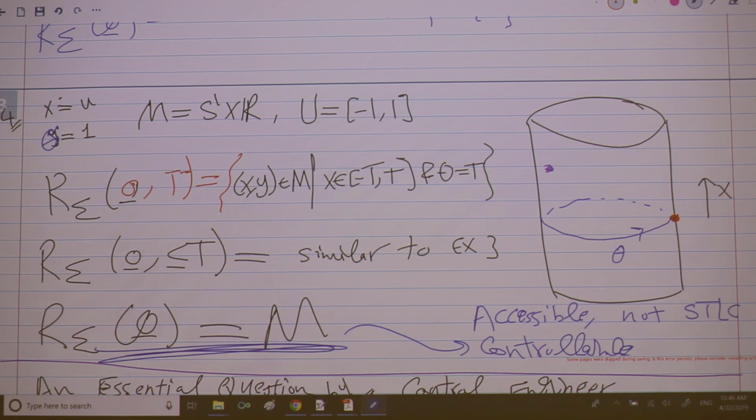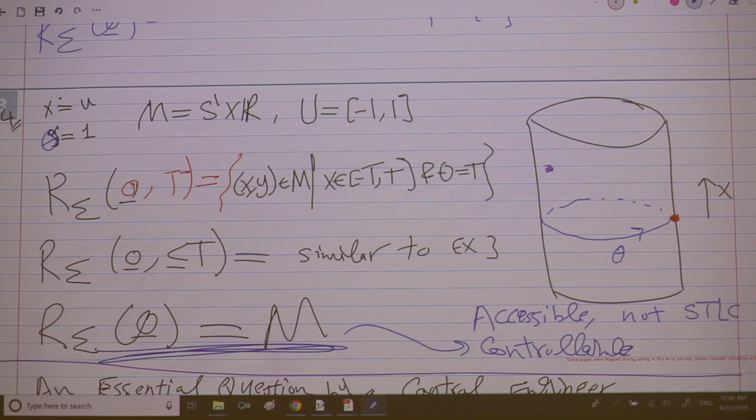Yes, Professor, but the first example you gave us in differential geometry, the sidecar or the four-wheel car, it seems like it's not small time controllable. Why? Because I can't move sideways, but when I apply the Lie bracket, I can move in this direction. Why not? Why is it not small time locally controllable?